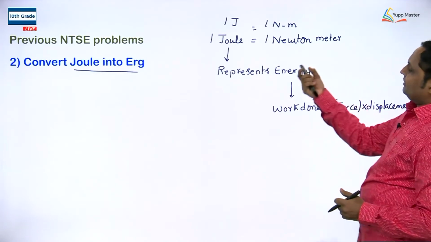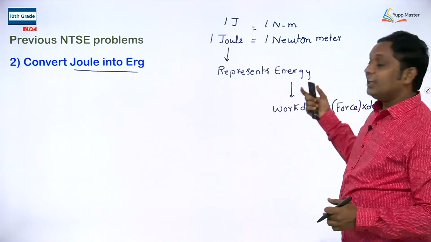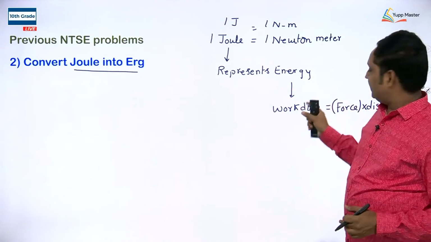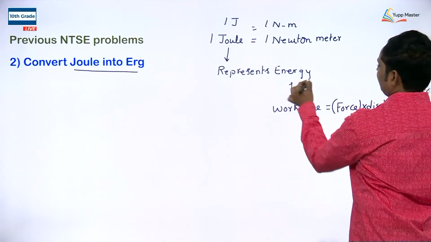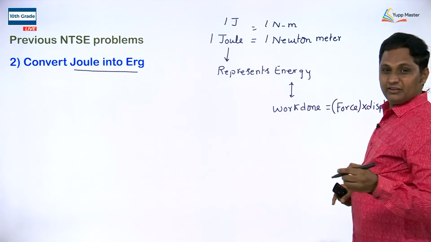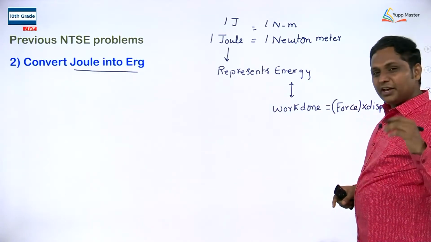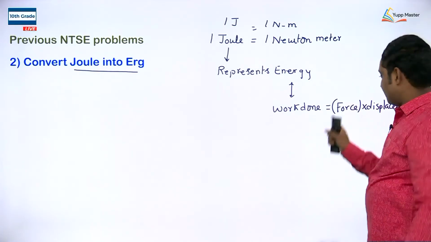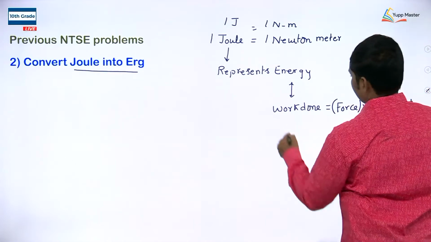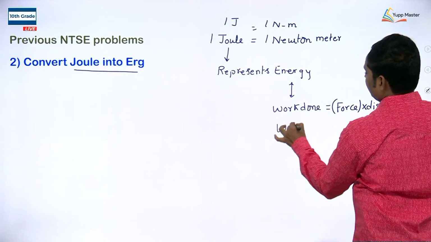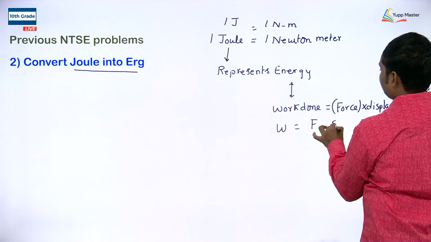Simply it represents energy, and energy is work done. Work done by the system is equal to its potential energy. W is equal to force into displacement.